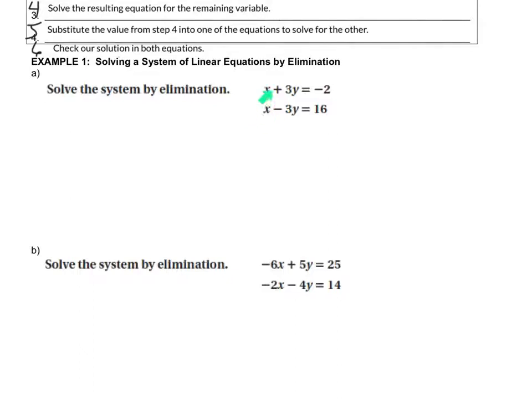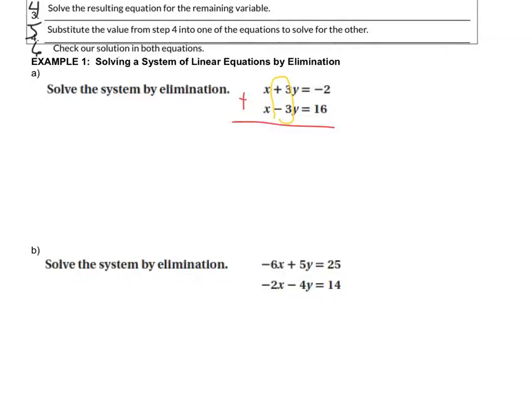Looking at the y's, I have a 3 and a negative 3. That is important to notice, because these two numbers mean I have opposite coefficients. Because of this, I don't need to multiply to make them opposites. They're already opposites. So because this is already step three, I can then just add these two together.